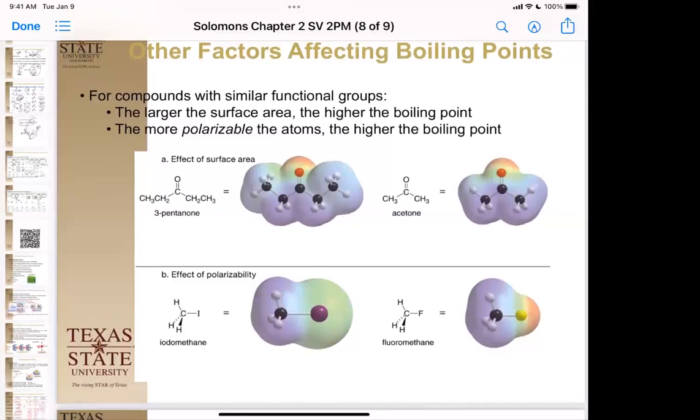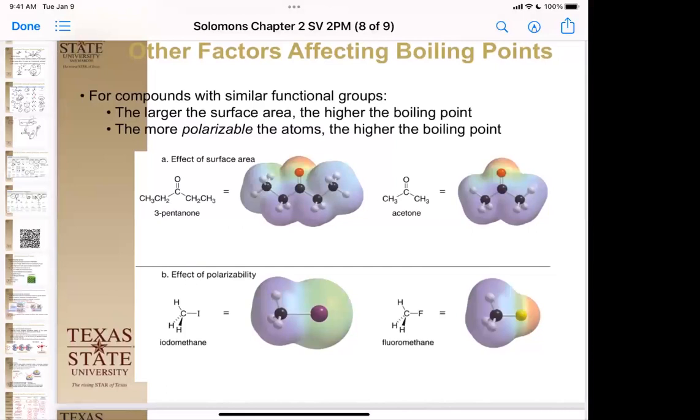The last thing we want to look at is polarizability. The more polarizable the bond is, the more of an effect it'll have on boiling. If it's big and has a lot of electrons around it, not only do we already have a permanent dipole, but we can influence that dipole because it's a big weak bond, a long bond, a big atom.